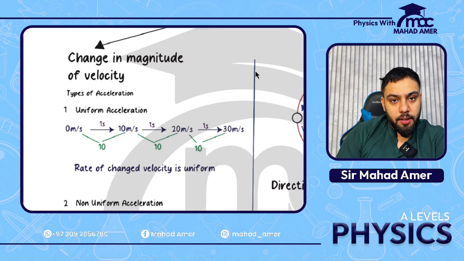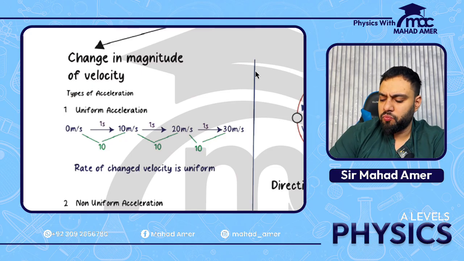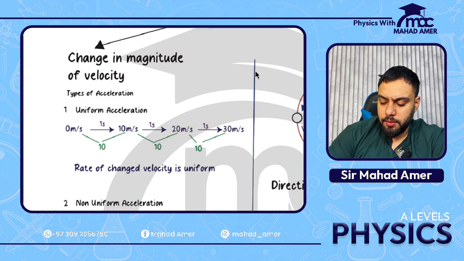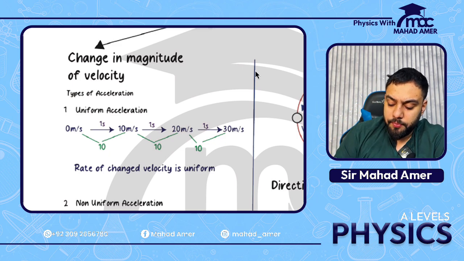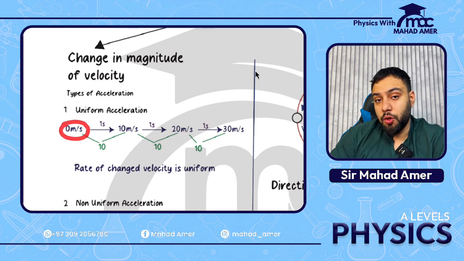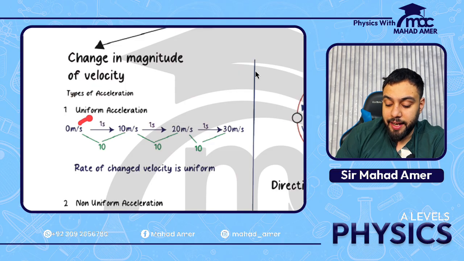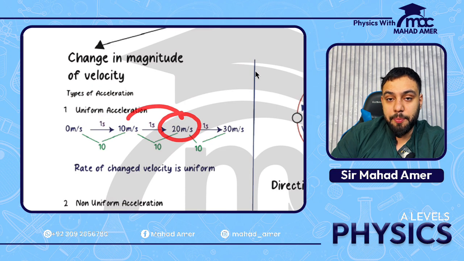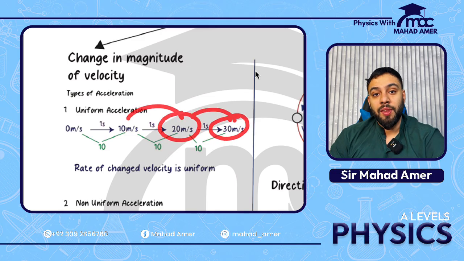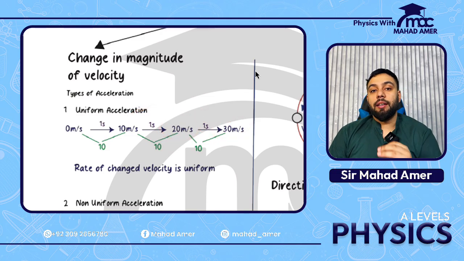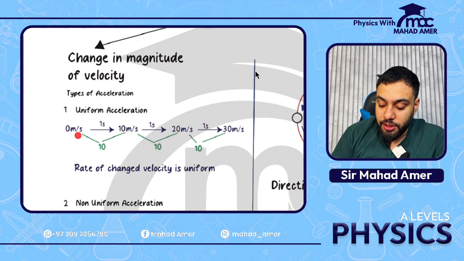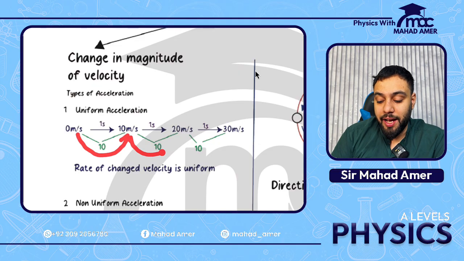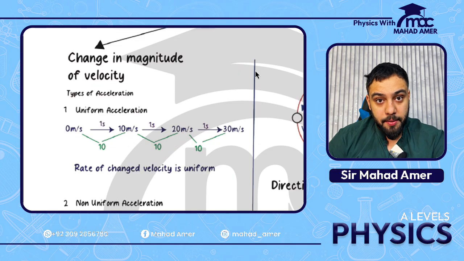So when we're talking about uniform acceleration, there are certain concepts that you need to remember. If there's a car that is traveling at 0 meters per second, and let's say it gains speed to 10 meters per second, then to 20 and then to 30. So each second, the object is changing its velocity's value by 10 meters per second.